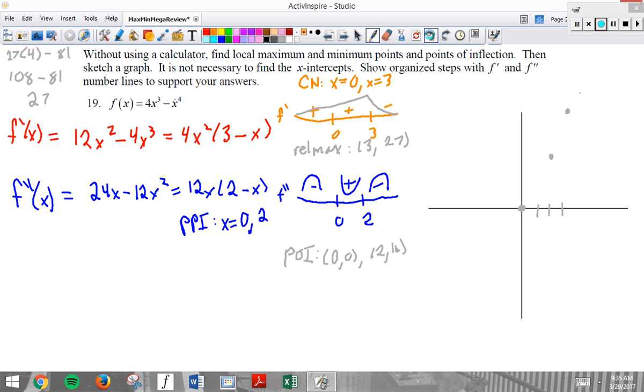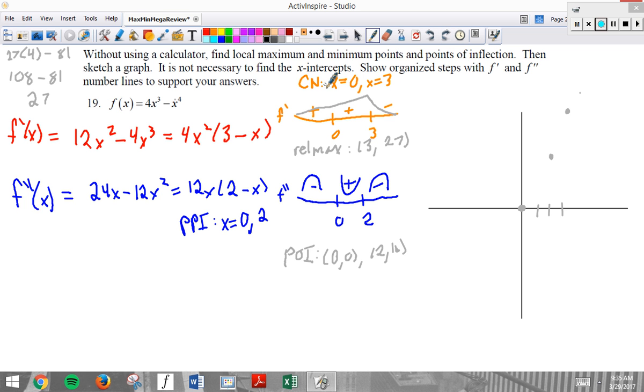Oh no. To concave up at 0. Wait, what? Sorry. No, stop it.